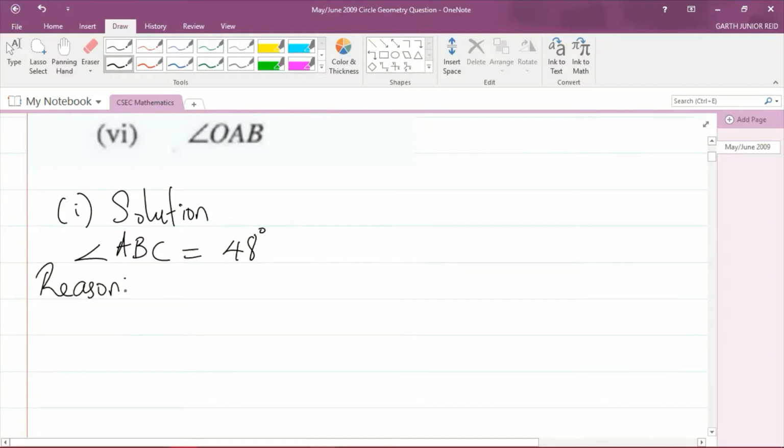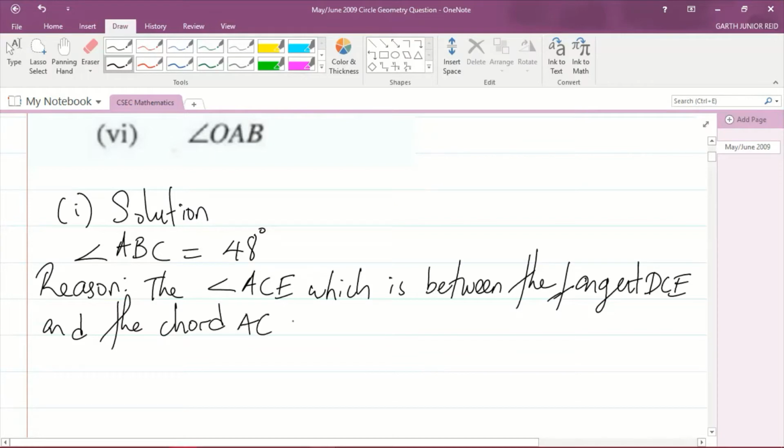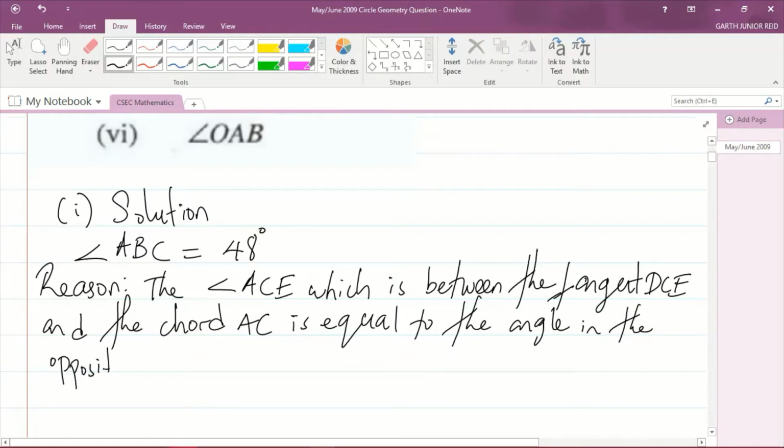And my reason is the angle ACE, which is between the tangent DCE and the chord AC, is equal to the angle in the opposite segment.